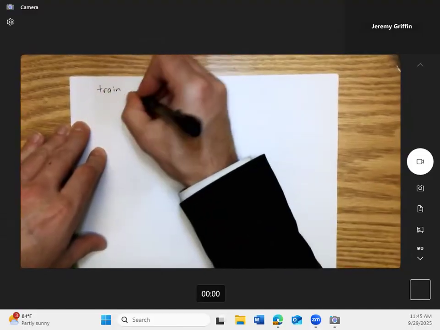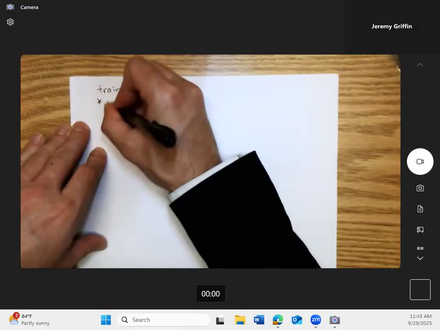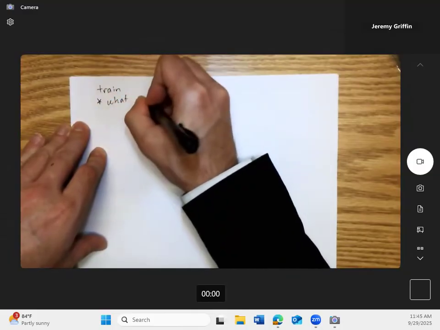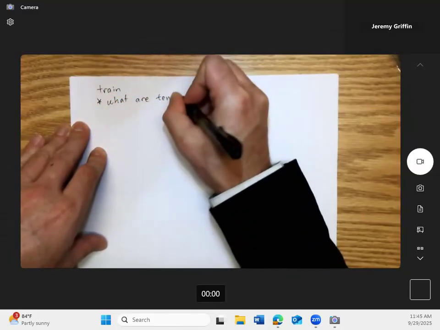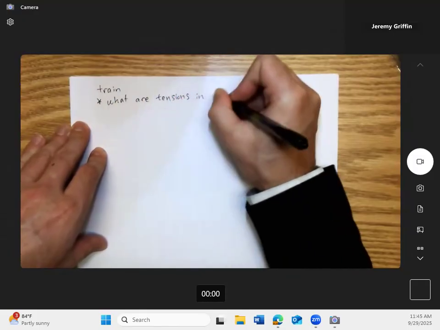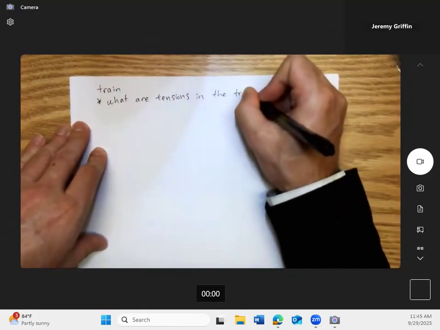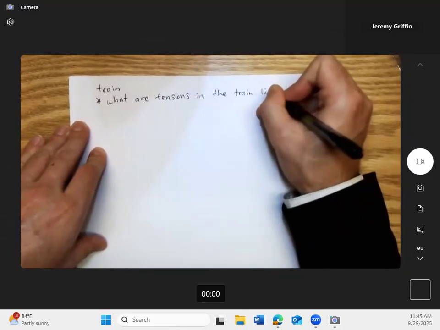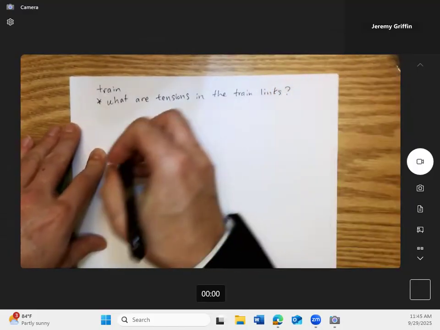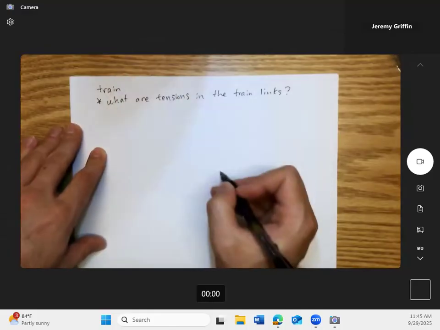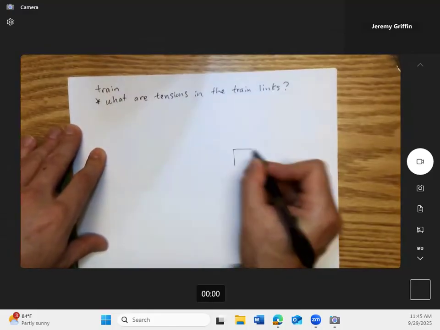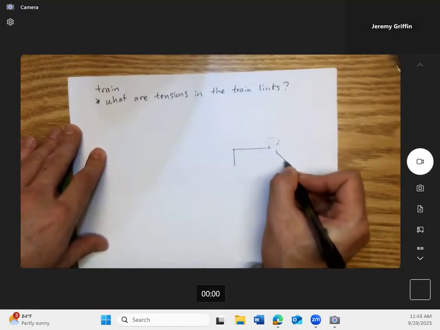So here's the question: what are the tensions in the train links? Here, let's draw this up. So let's get a train.